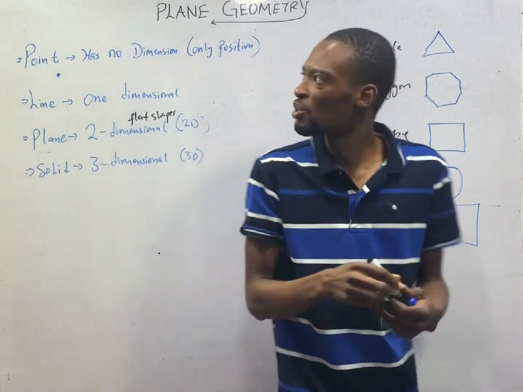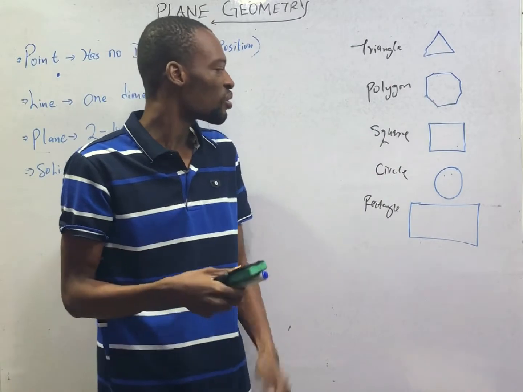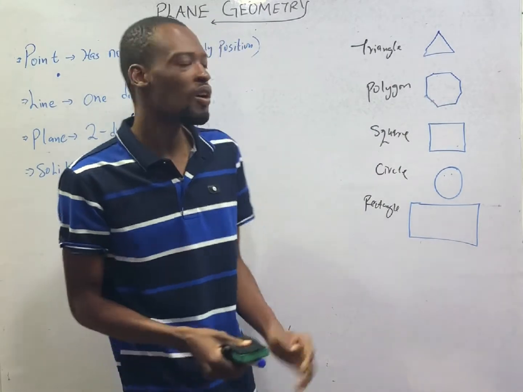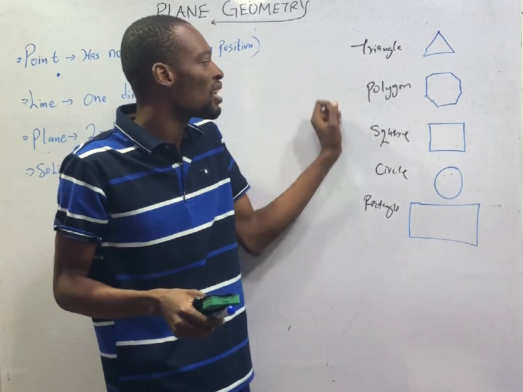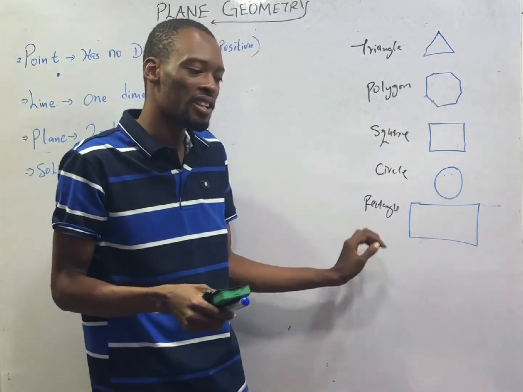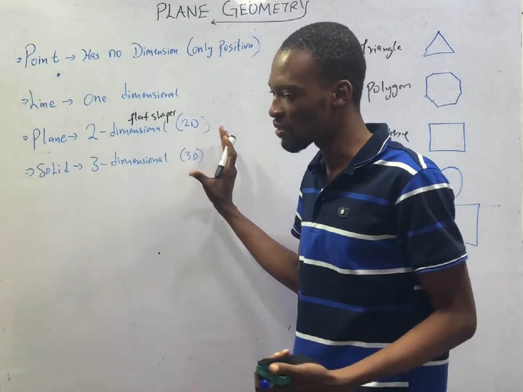So any geometry where we study triangles, polygon, square, circle, and rectangle, they are referred to as plane geometry.